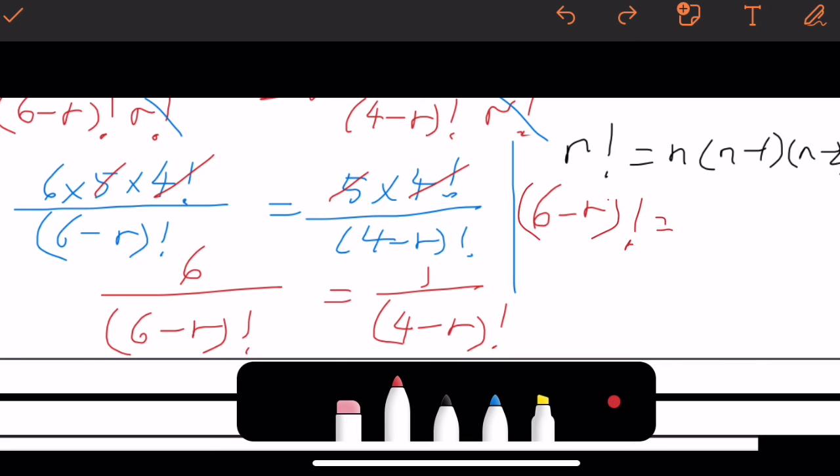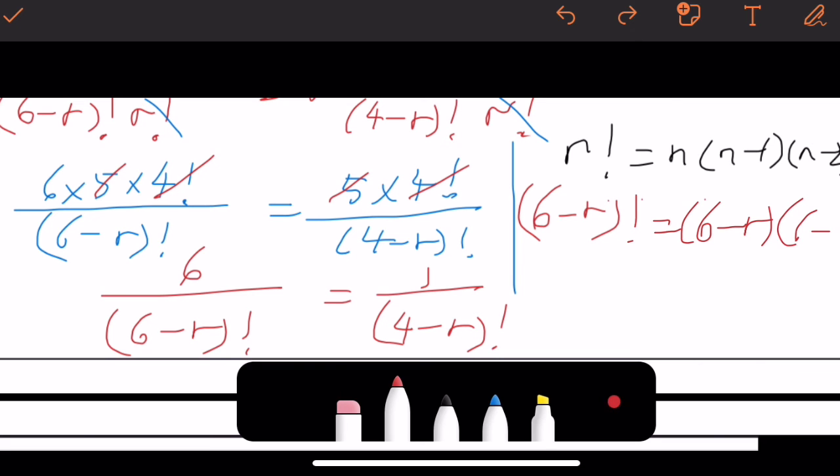I'm going to write 6 minus R times 6 minus R minus 1, okay, I have 5, times 6 minus R minus 2, until I can see 4 factorial.